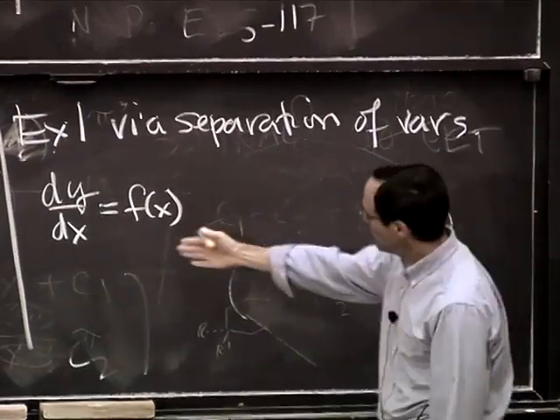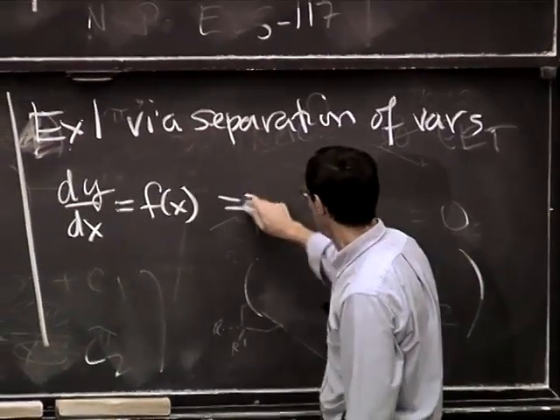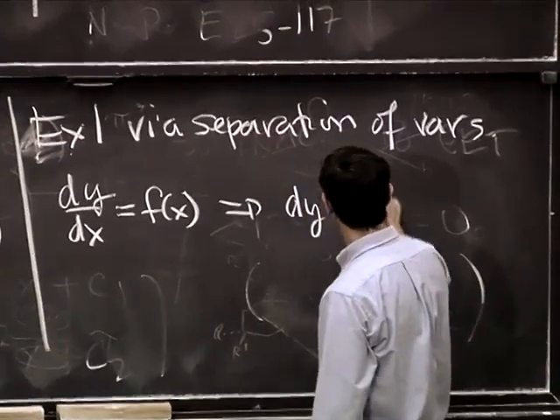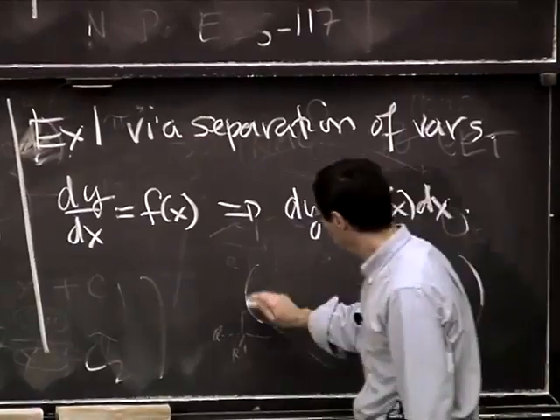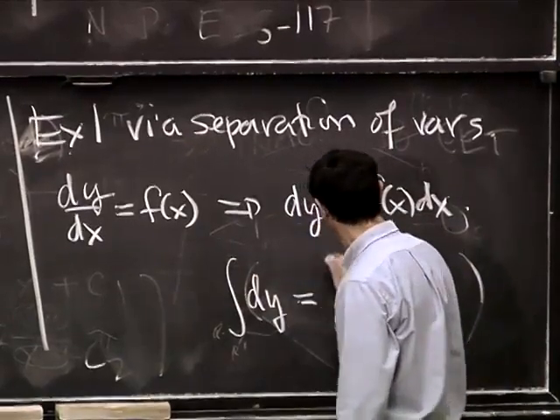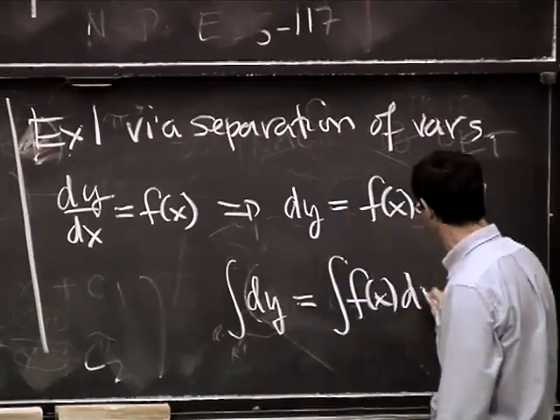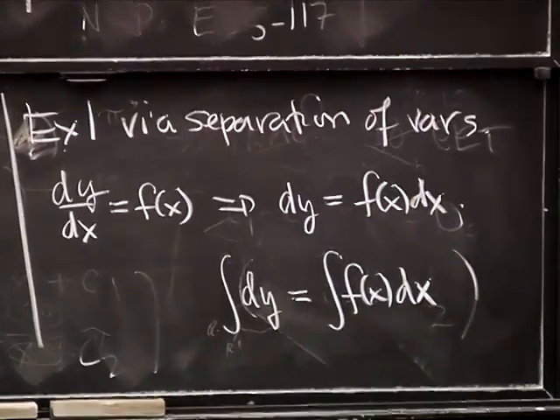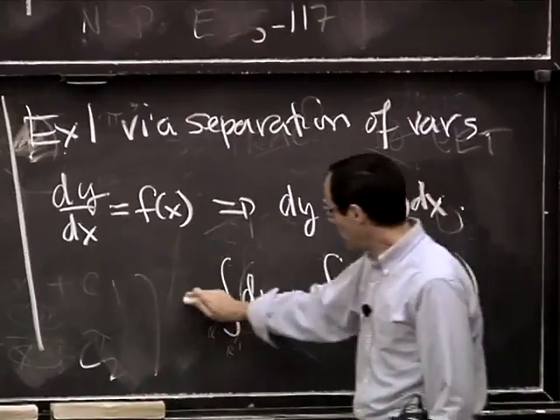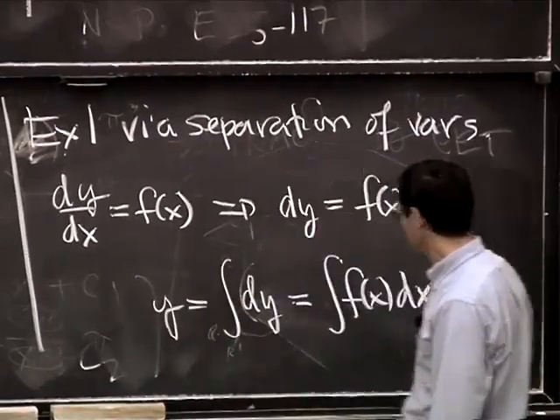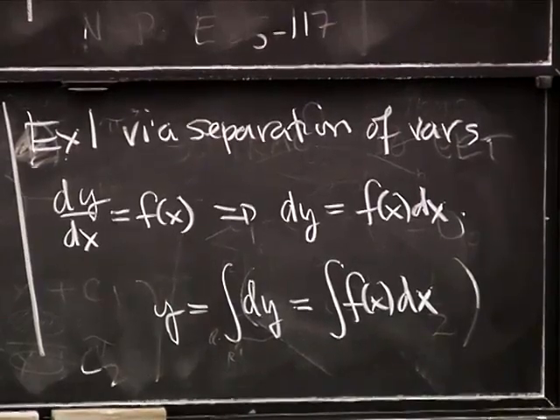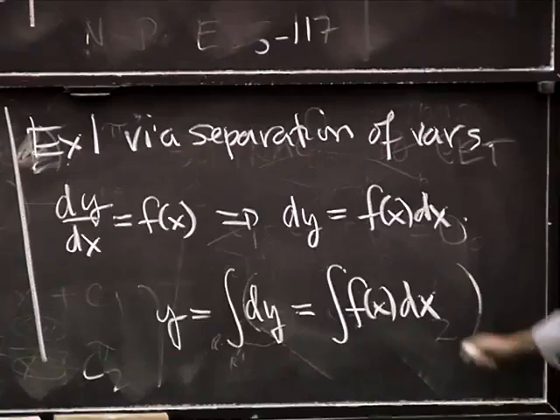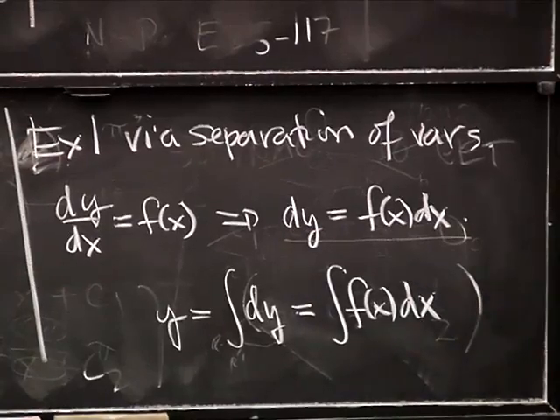The separation just means you put the dx on the other side. So this is dy is equal to f of x dx. And then we integrate. The antiderivative of dy is just y. So this is the solution to the problem, and it's just what we wrote before. It's just a funny notation, and it comes to the same thing as the antiderivative.